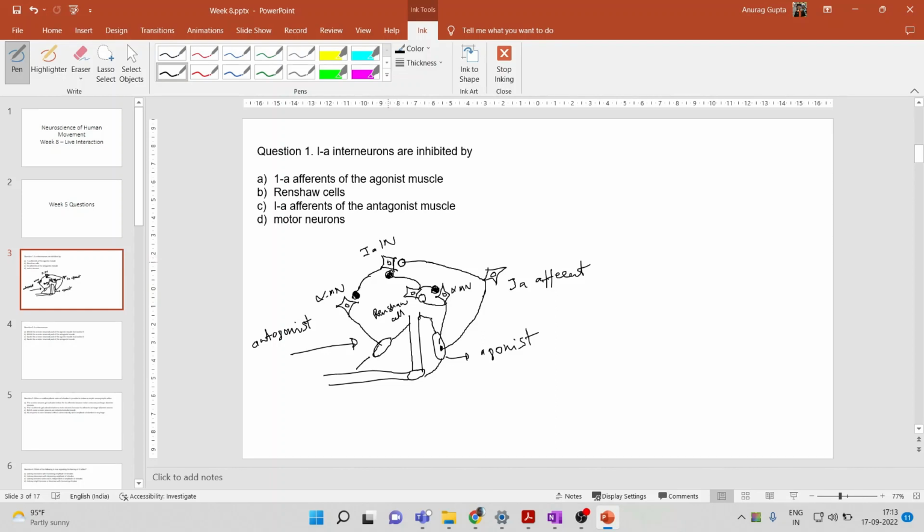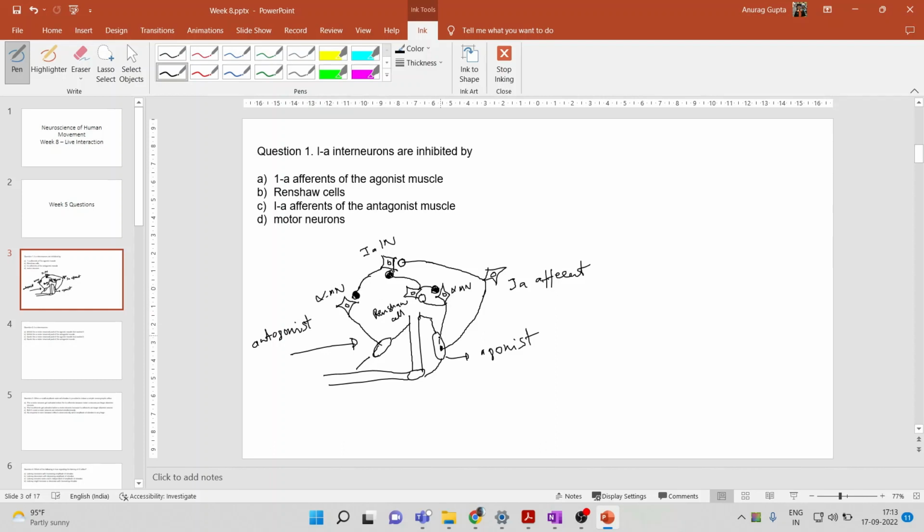Since it is inhibiting the 1A interneuron, the inhibitory effect on the alpha motor neuronal pool of the antagonist is decreased. So the probability that it can be excited increases.